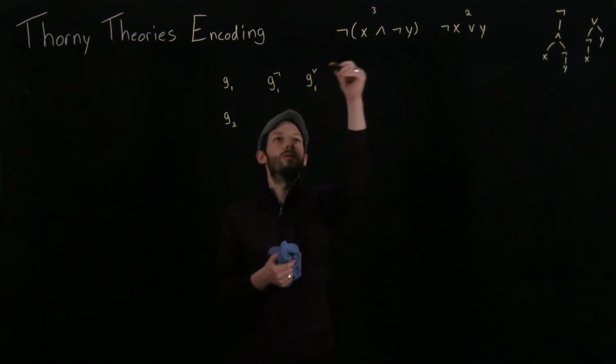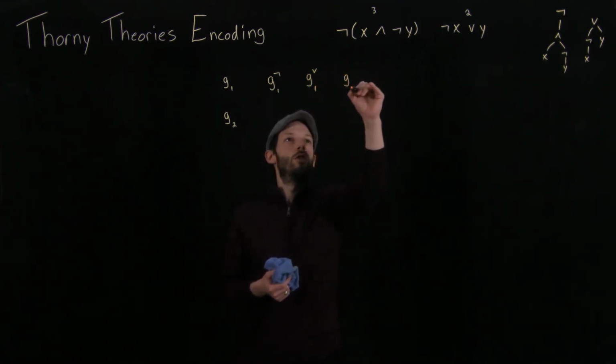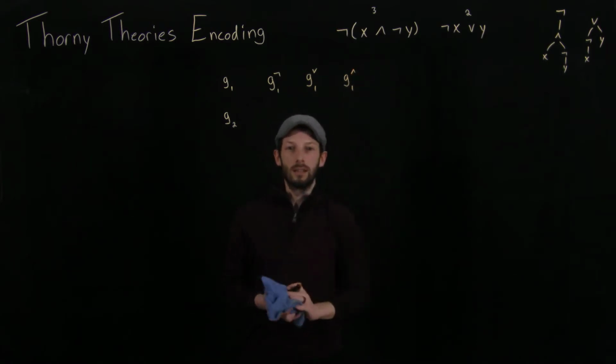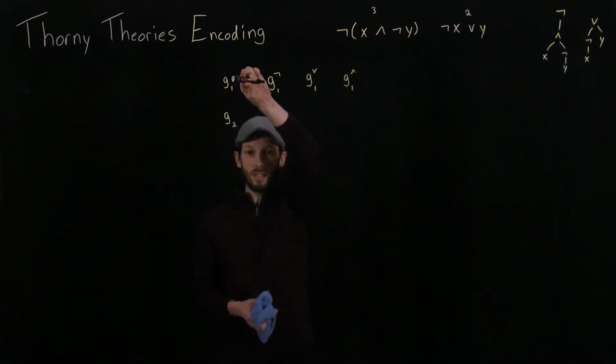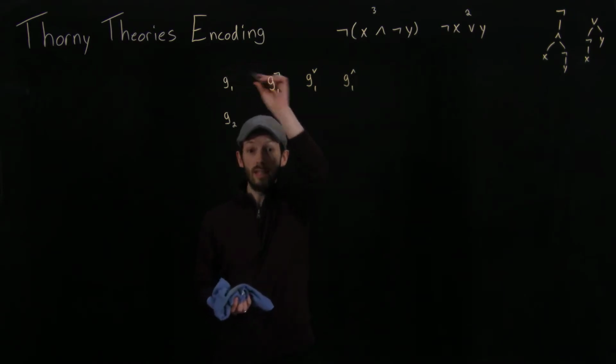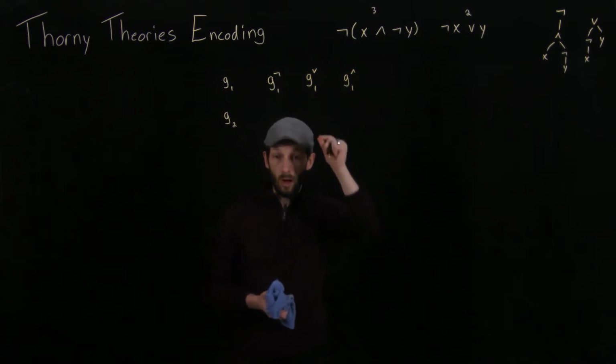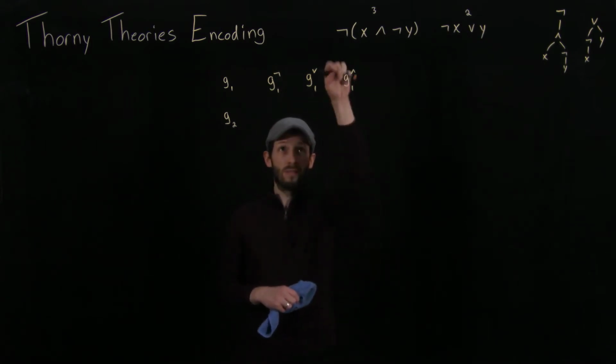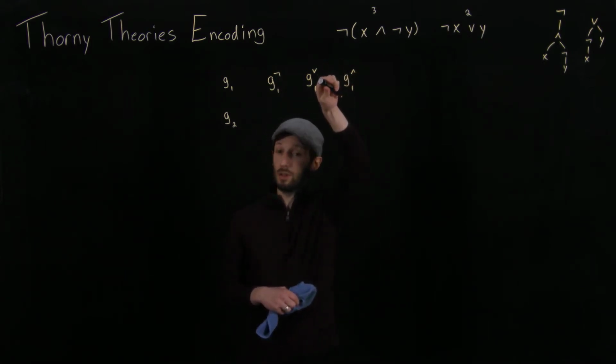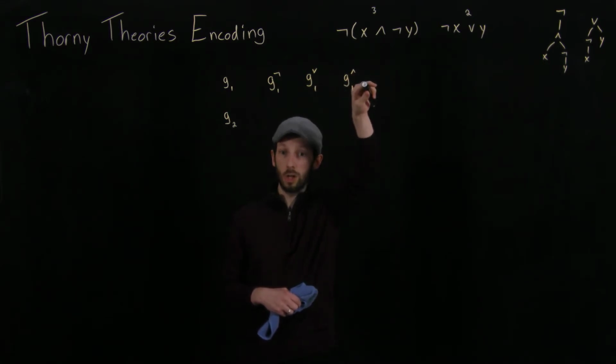I'll do these all for G1. G1 is a conjunction gate, right? So if this proposition is true, it means whatever gate G1 is, its output is going to be true. If this holds, it means that gate 1 is a negation gate. If this holds, it means that gate 1 is a disjunction gate, and this means it's a conjunction gate.